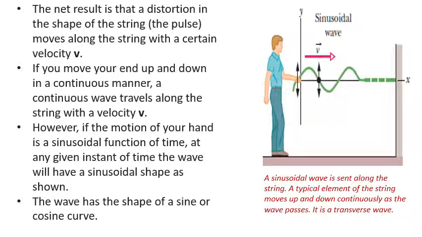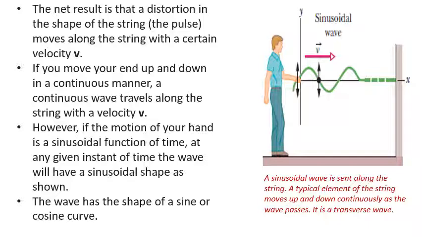The net result is that a distortion in the shape of the string, or you can say a pulse, moves along the string with a certain velocity v. If you move your end up and down in a continuous manner, then a continuous wave travels along the string with a velocity v.